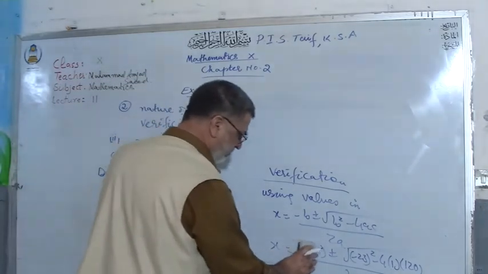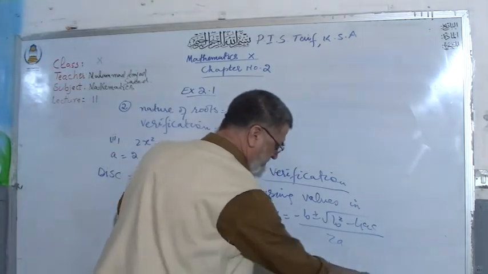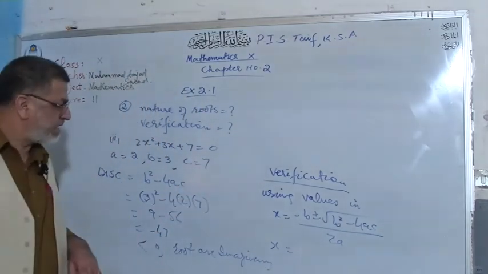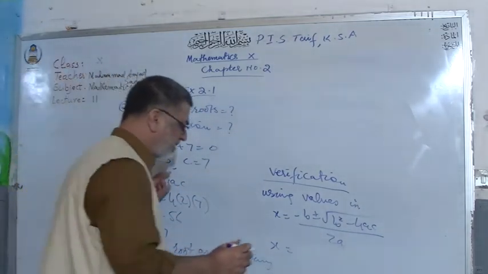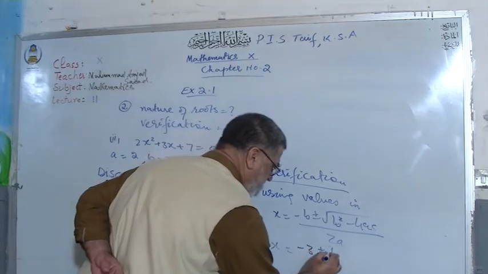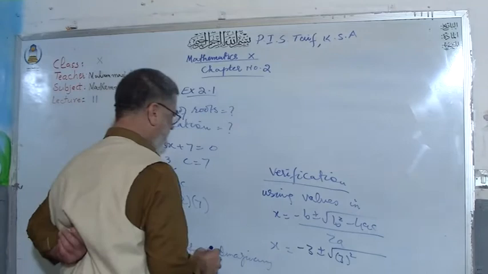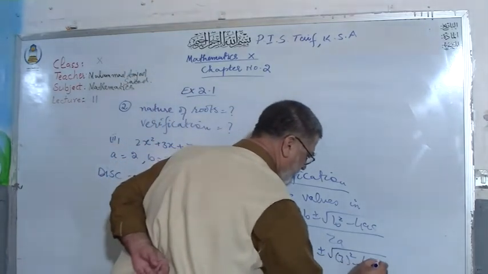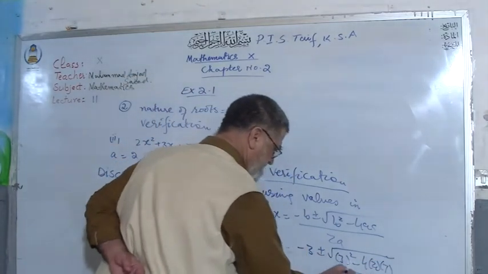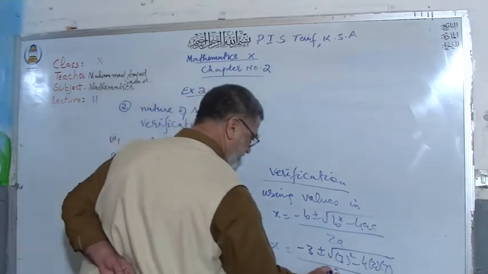Here x equal to minus b, this is minus 3 plus minus square root of b square minus 4 into 2 into 7, divided by 2 into 2.